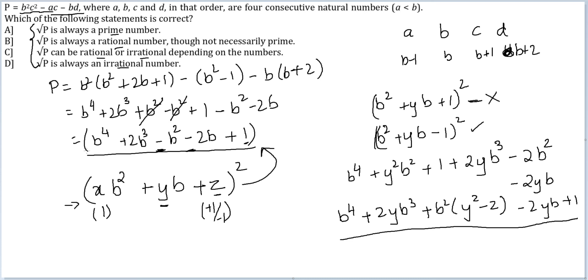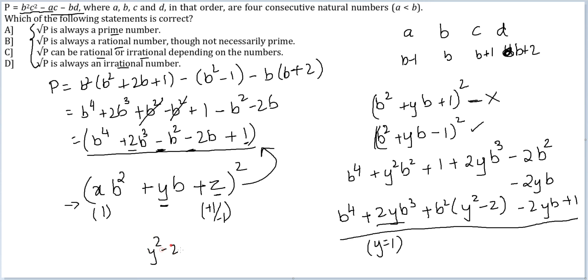Now compare it to the original expression that you were getting. Look at this, the coefficient of b cube. Here you have 2y, here you have 2. So this tells me the potential value of y is equal to 1. Now look at the coefficient of b square. Here you have minus 1, here you have y square minus 2.